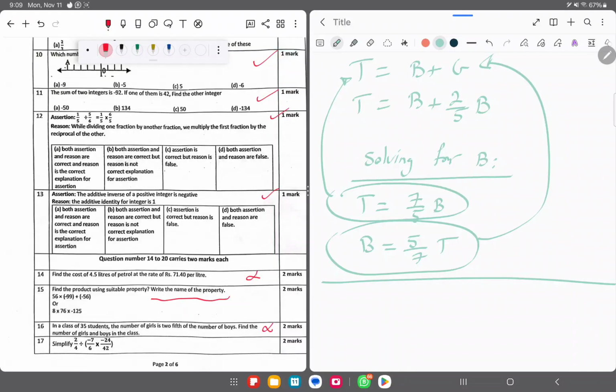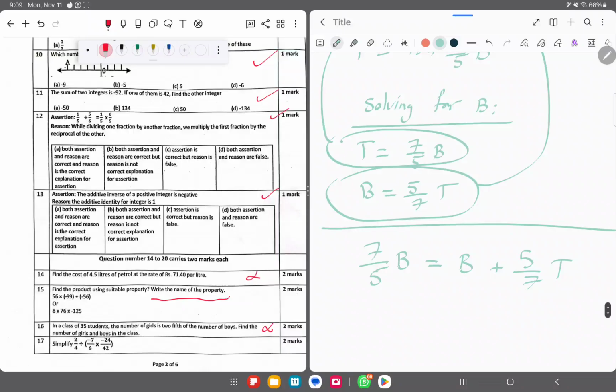I want to put it back in G. If I put this one here, I would get 7/5B is equal to B plus 5/7T. Am I going somewhere with this?